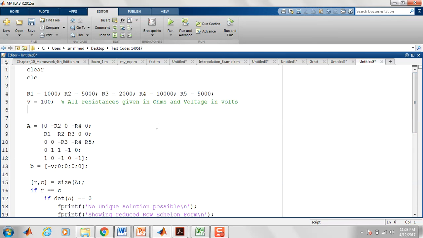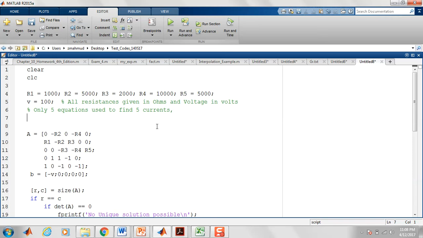So you could write here: only 5 equations used to find 5 currents. We will use an equation.